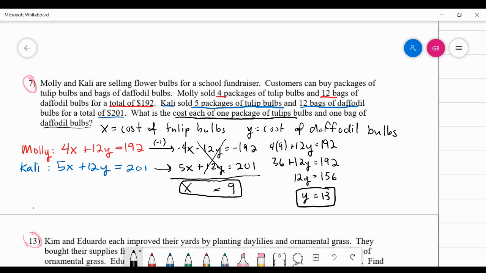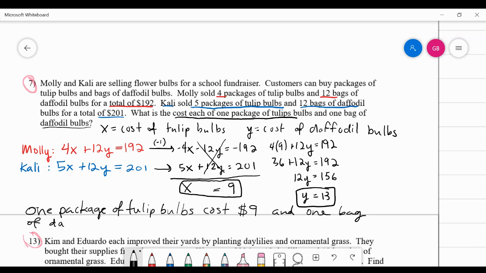Okay, so 1 package of tulip bulbs costs $9, and 1 bag of daffodil bulbs costs $13.